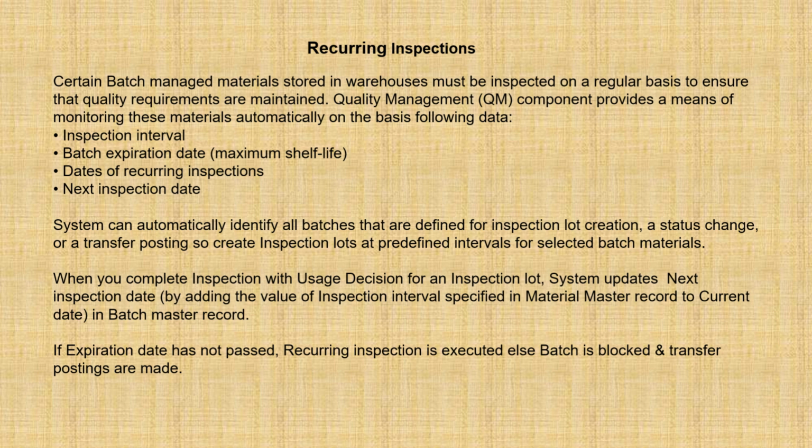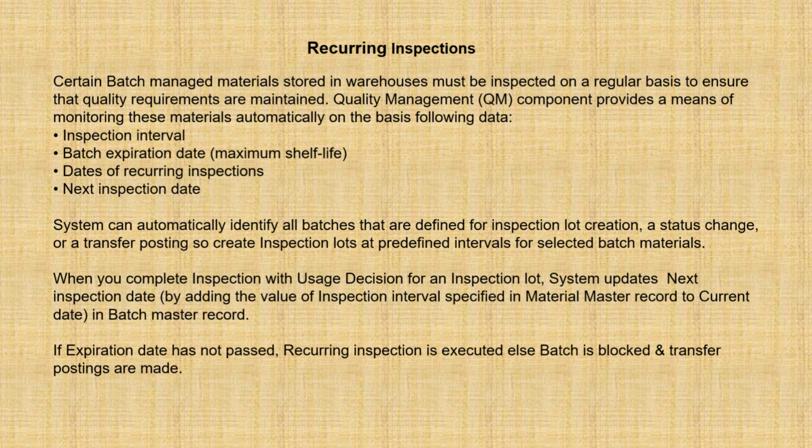On those materials, we do the recurring inspection. Recurring means again and again; I want to inspect that material because it is kept in my stock for a long duration. Some expiry date might be there, but before the expiry date is reached, based on the total life, I will decide what the interval for inspection should be.